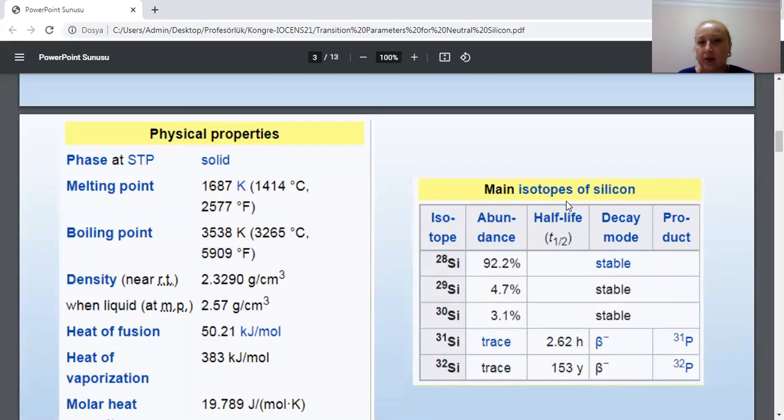It's important to know these physical properties and also the isotopes of silicon. You can see these three stable isotopes, which are important to find the atomic structure for the stable isotopes.